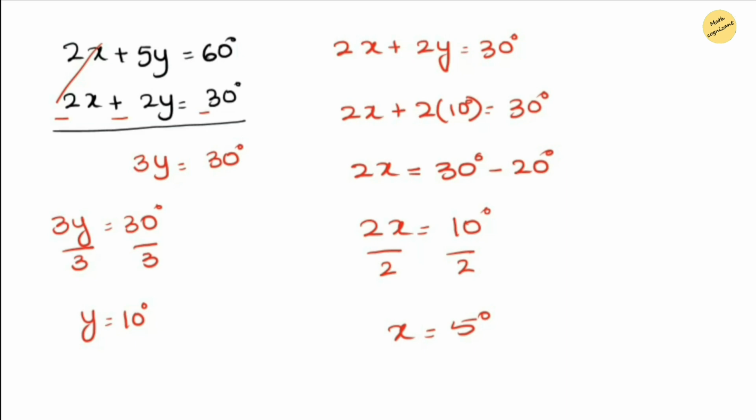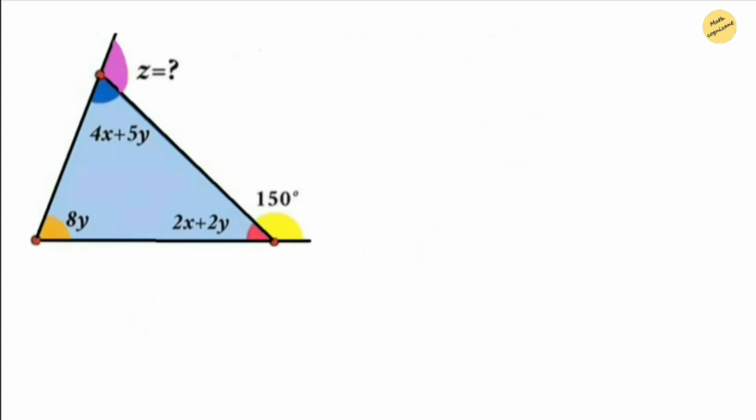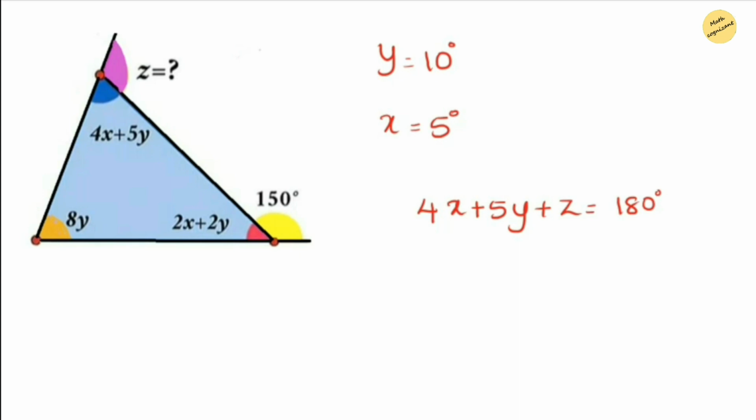We have the value of x and we have the value of y. Then we can easily substitute these values and find the value of z. Use it in any of these equations and then solve to find the value of z. Here, let me write down y equals 10 and x equals 5 degrees. And take the previous equation, that is 4x plus 5y plus z equals 180 degrees.